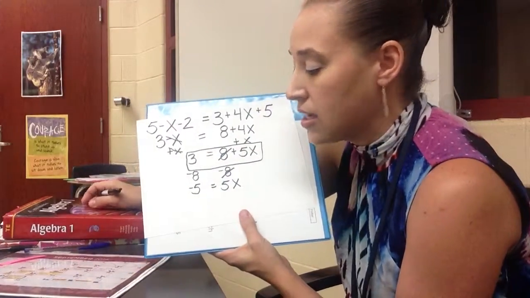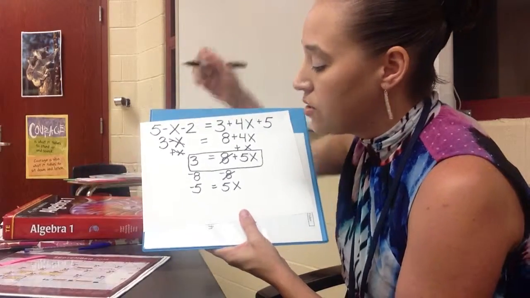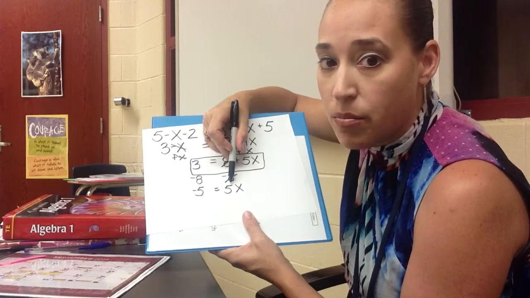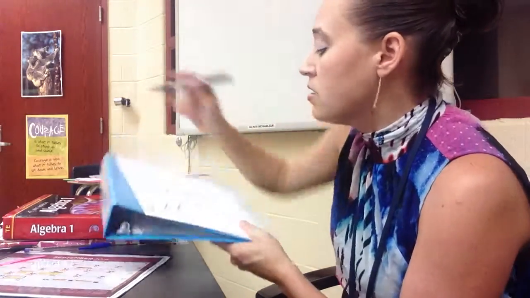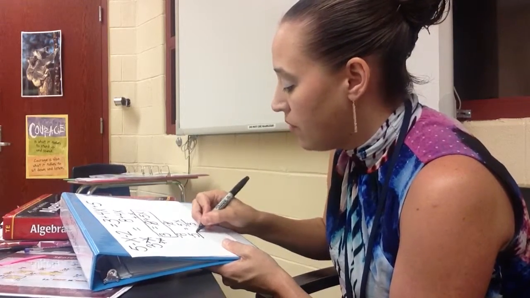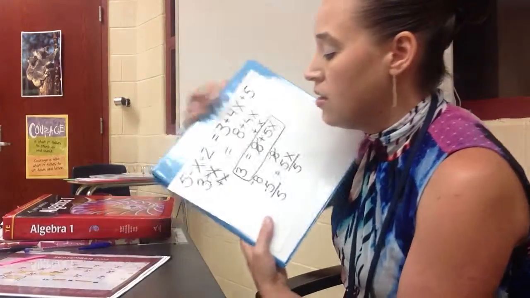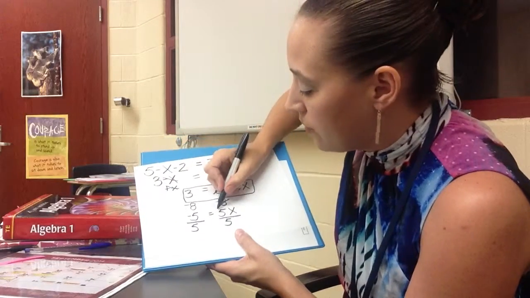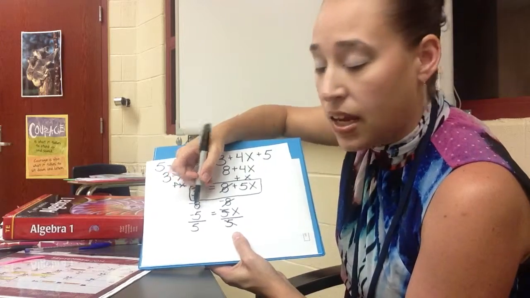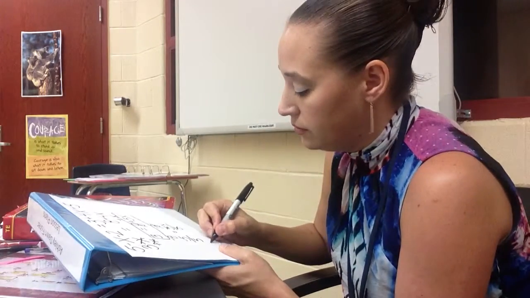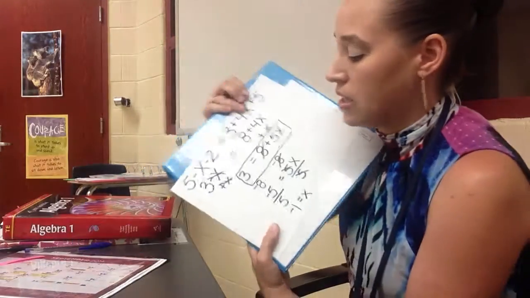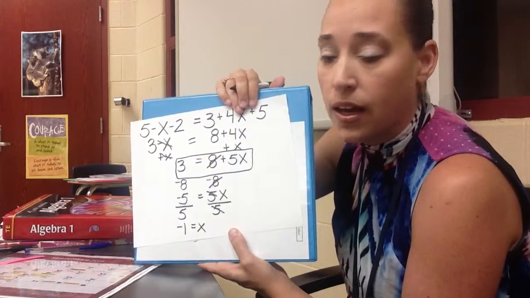I'm trying to isolate x because I'm trying to solve for x. So since 5 is on the top, I need to divide by 5. Again, when I divide by 5, you do it to both sides. When I divide by 5, it's going to cancel 5 out on this side. -5 divided by 5 makes this side a -1. So x equals -1, okay?